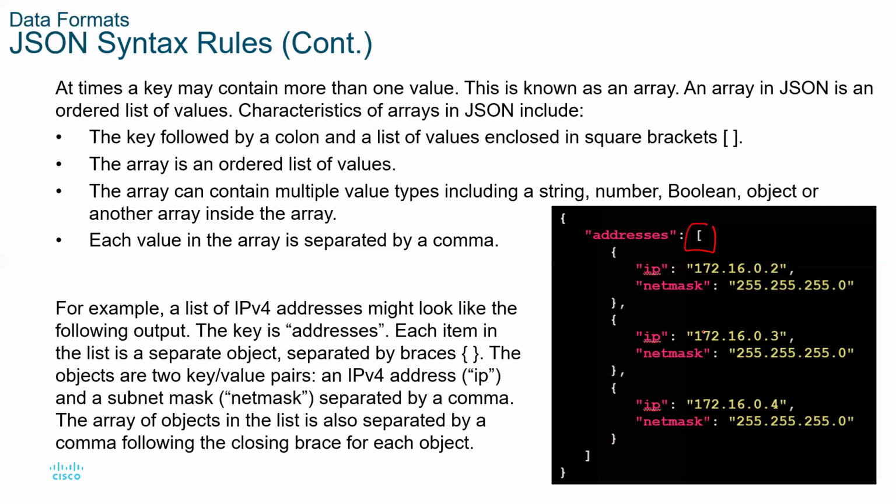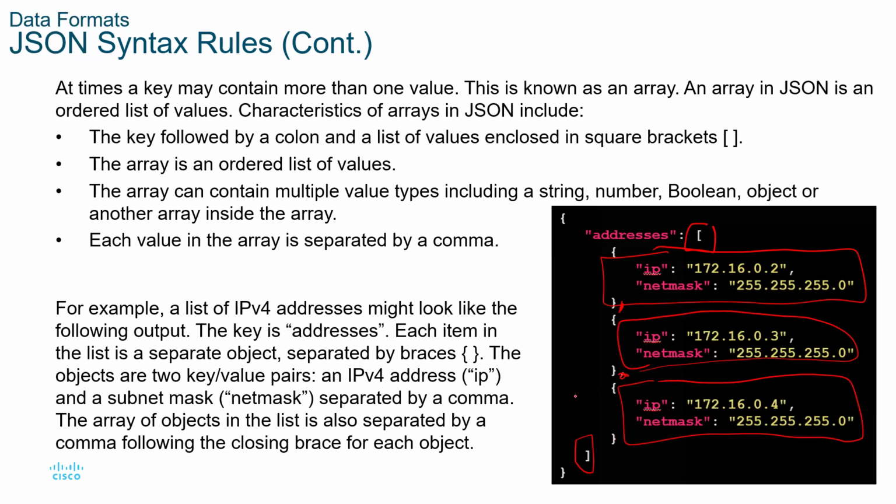I start by opening my square brackets, and this is the closing. Then within my square brackets, I have an object which defines an IP address of an interface, separated by a comma, and another IP address, separated by a comma, another IP address of an interface, no comma because it is the last one. That defines an array, a list of values.